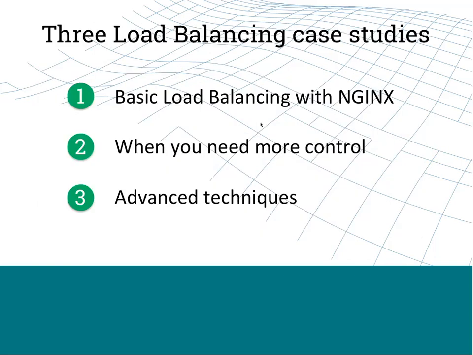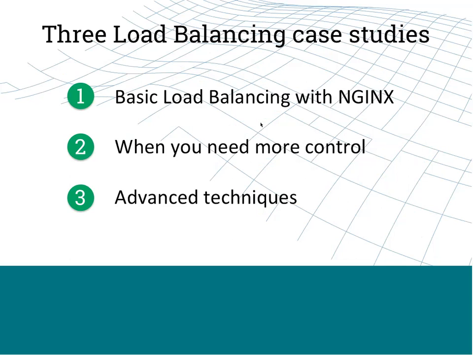So, as we come to a close, we've looked at 3 case studies for load balancing. We've looked at basic load balancing with NGINX, using various algorithms, using the log files to track how the load balancing requests are distributed, looking at how you can manage the configuration, either by editing it directly or using the on-the-fly reconfig in NGINX Plus.